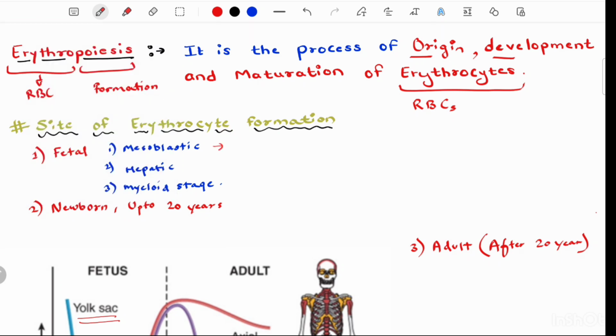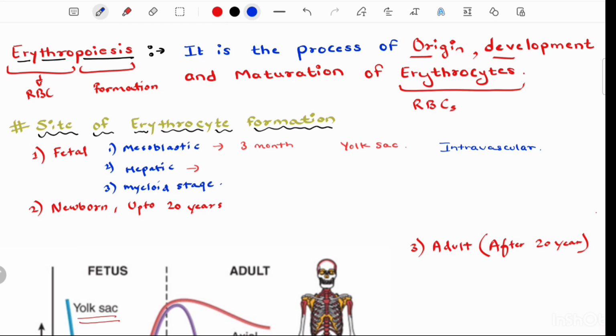So in mesoblastic stage, during the first 3 months of intrauterine life, red blood cells are produced from mesoderm of yolk sac. Since erythropoiesis occur within blood cell, therefore mesoblastic stage is called as intravascular erythropoiesis.